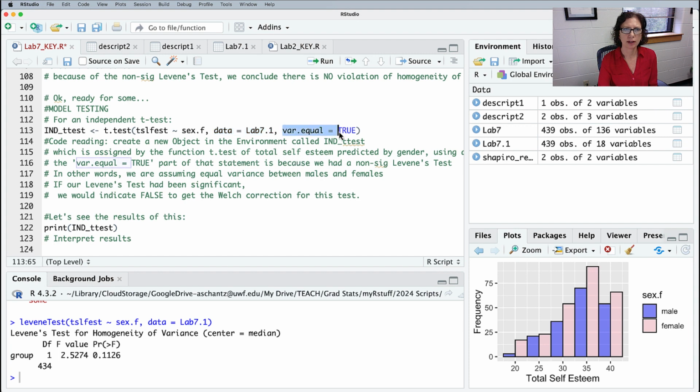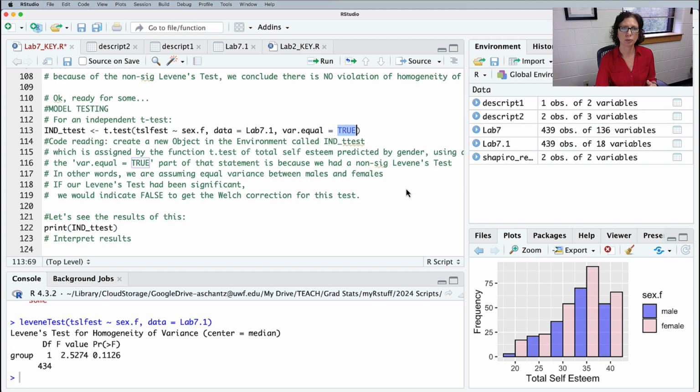And then this var.equal equals true. We're putting that statement because we had a non-significant Levene's test. So we are assuming equal variation between males and females in terms of the variation of total self-esteem. If we had had a significant Levene's test, we would change this to false.